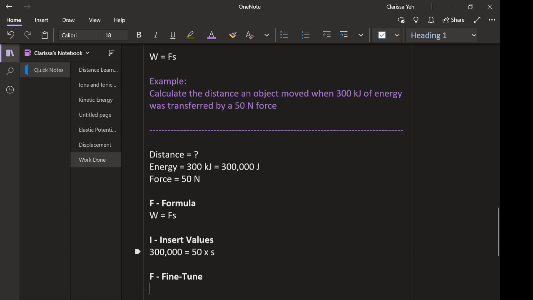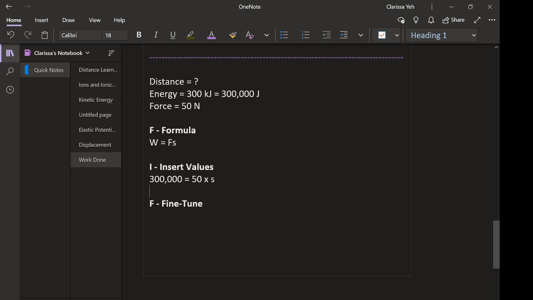Meaning, if we want s on its own, we want to get rid of this 50 here. And remember, to get rid of something, we have to do the opposite to it. So I need to divide by 50 because this is 50 times. So if I divide by 50, I can get rid of it.